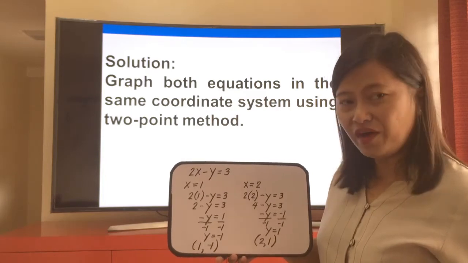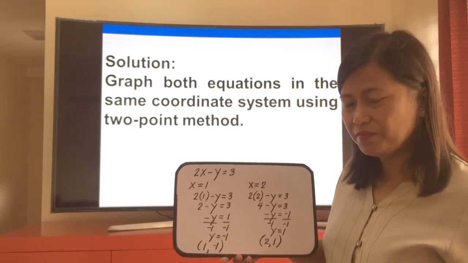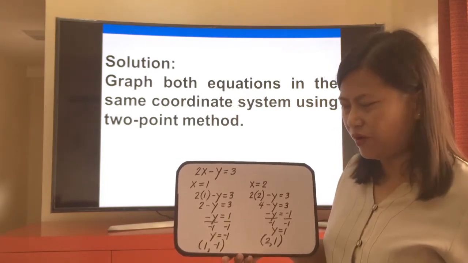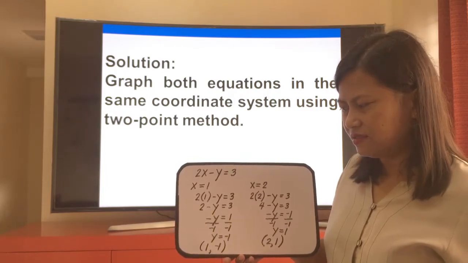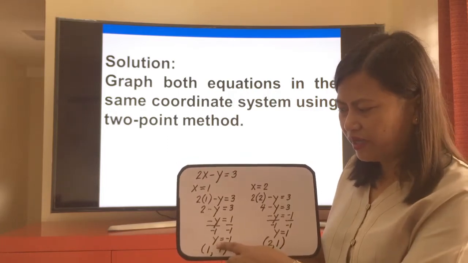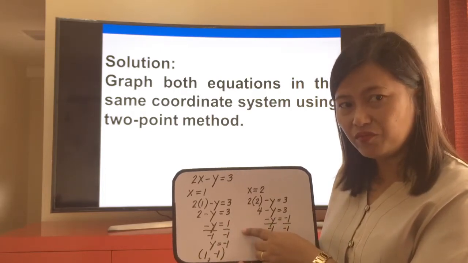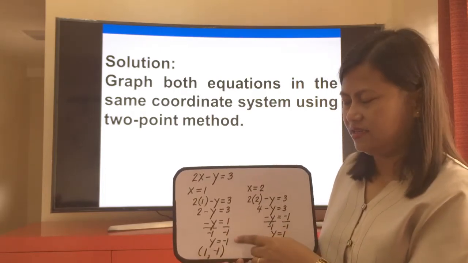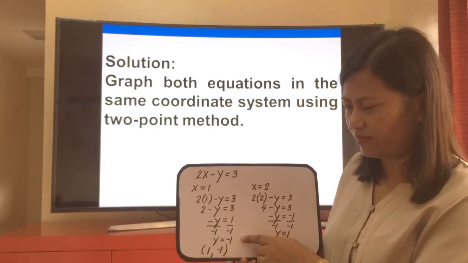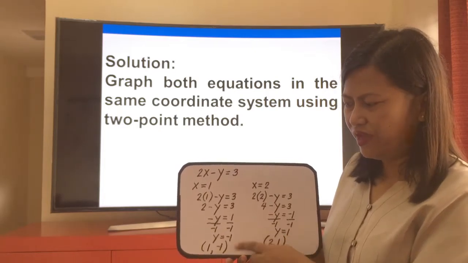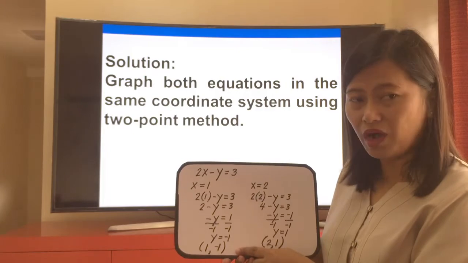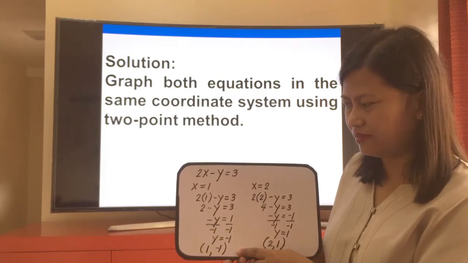Then we divide both sides of the equation by negative 1. So we now have y is equal to 1 divided by negative 1 is, yes, negative 1. So we have the point 1, negative 1.